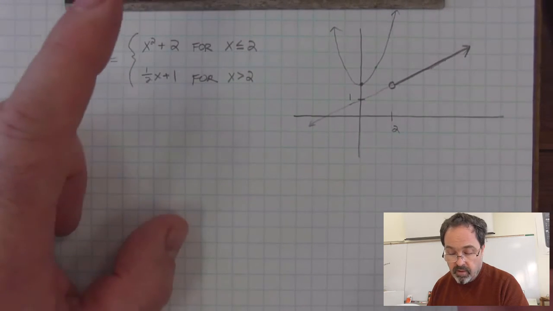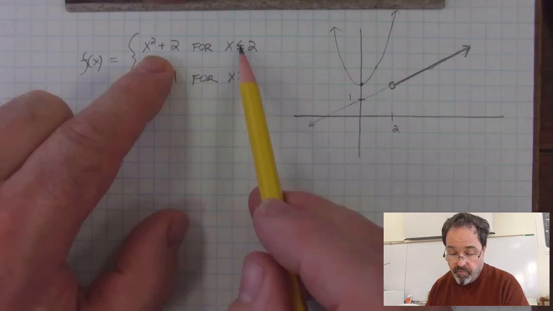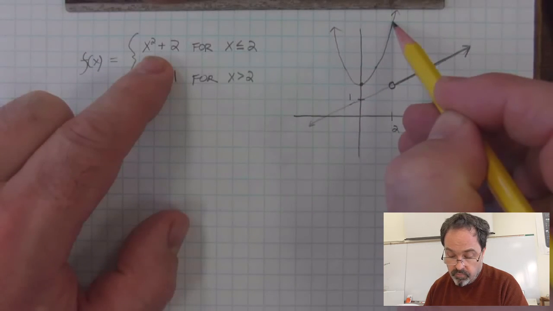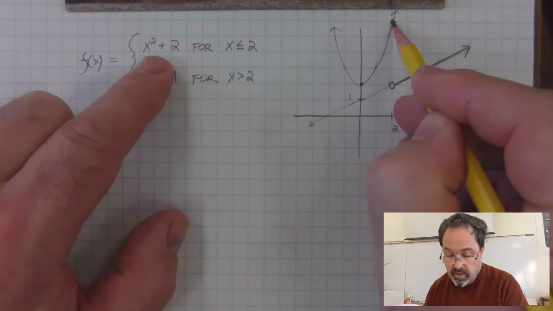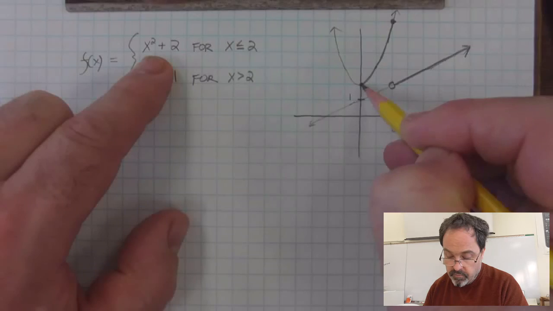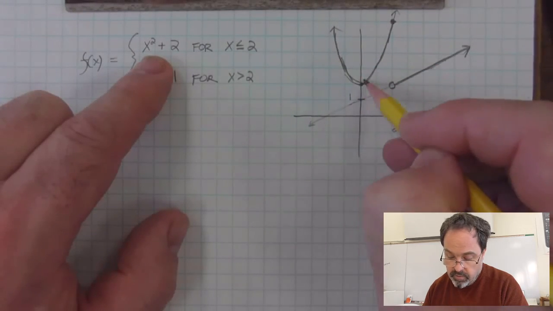I'm going to have values for f on the parabolic piece for values of x that are equal to 2, so I can make a closed dot at x equals 2 on the parabola and highlight all those values that represent values of the function for x values less than 2.